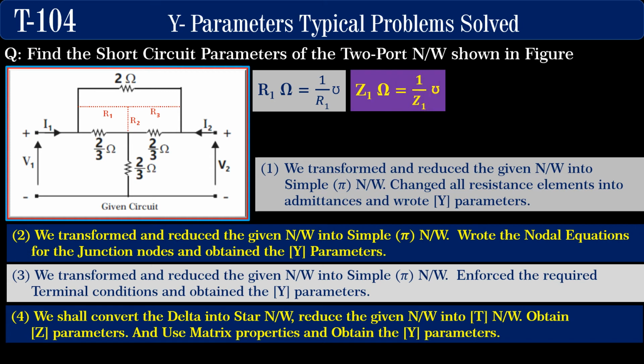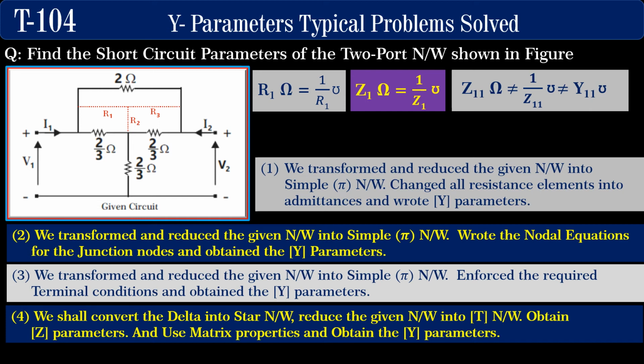Similarly, Z1 in ohm is equal to 1 upon Z1 in mho. But Z11 in ohm is not equal to 1 upon Z11 in mho, and that is not equal to Y11 in mho. Remember this, because Z11 and Y11 are the conditional parameters, and the conditions to obtain Z11 and Y11 are different.